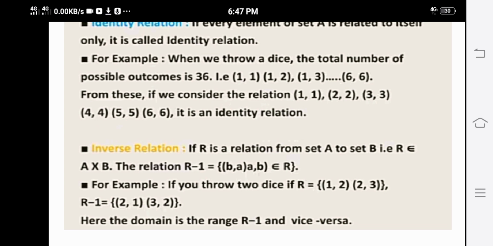Here, the domain is the range of the inverse relation and vice versa.